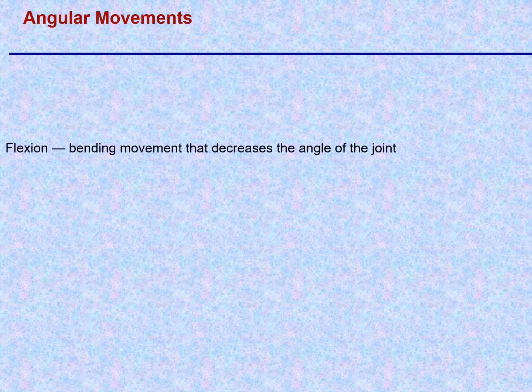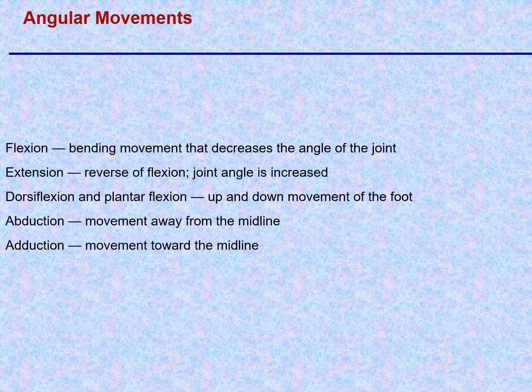There's a number of different types of movement. It's worth knowing these. I would not ask you to describe each one, but I think it's worth knowing. There are images shown in the next few slides that cover each of these, so you can look at those on your own.